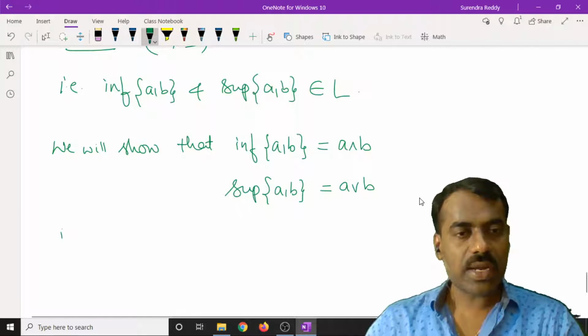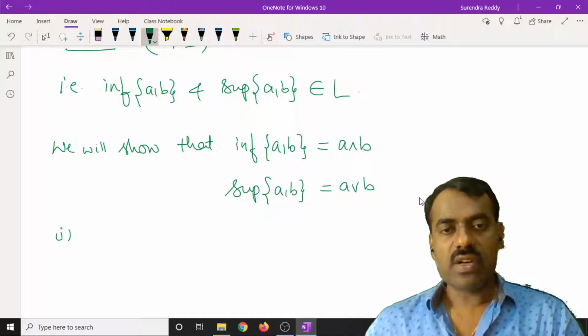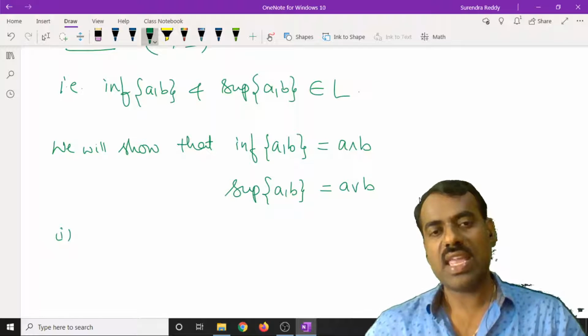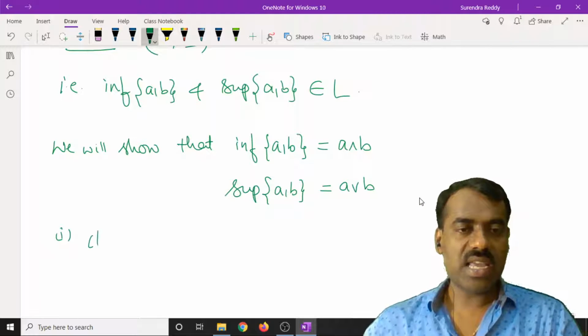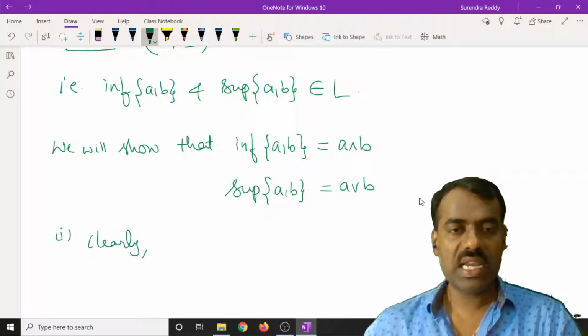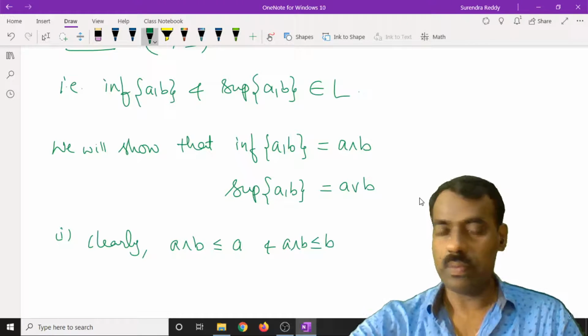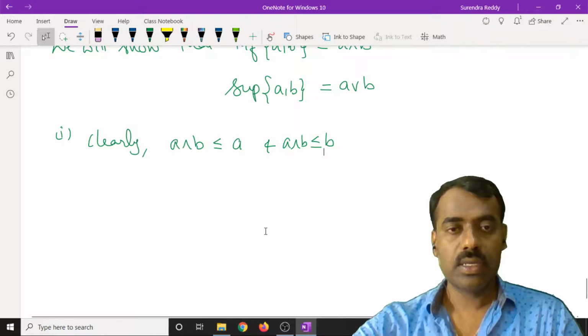To show the first one, we want to show that this A meet B is the greatest lower bound. So first for that we have to show that A meet B is a lower bound of A and B. So clearly, A meet B is less than or equal to A and A meet B is also less than or equal to B. Why is this true?